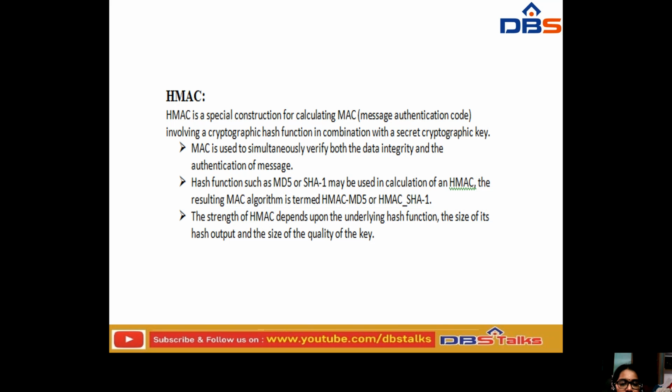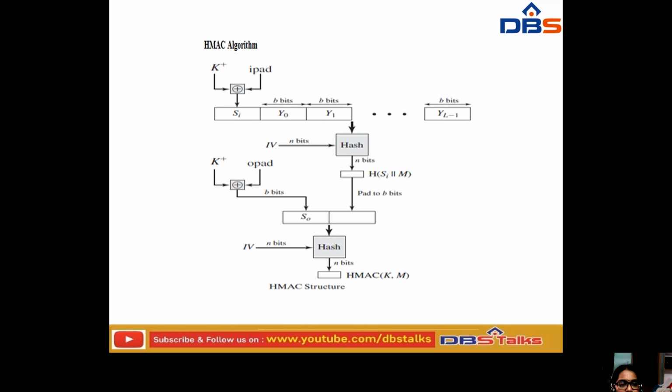Now let's get into the next slide. If you observe this algorithm, this is a key and this is a message. We perform the XOR operation here. After generating that, we divide it into blocks of bits and apply the hash function on that particular message.